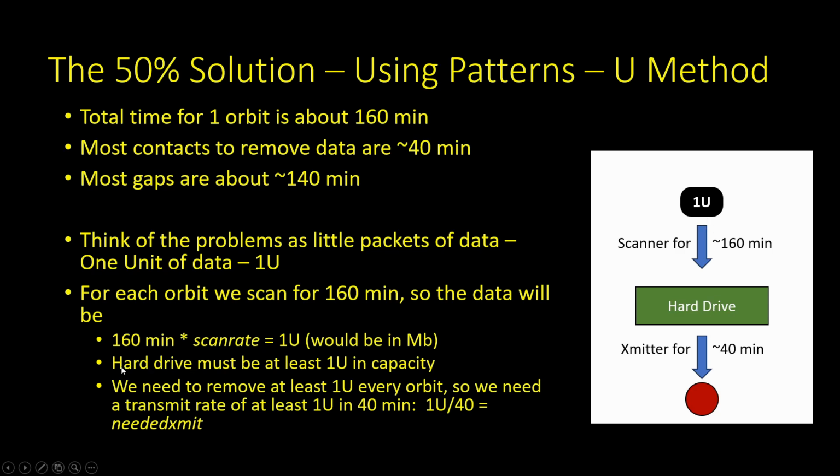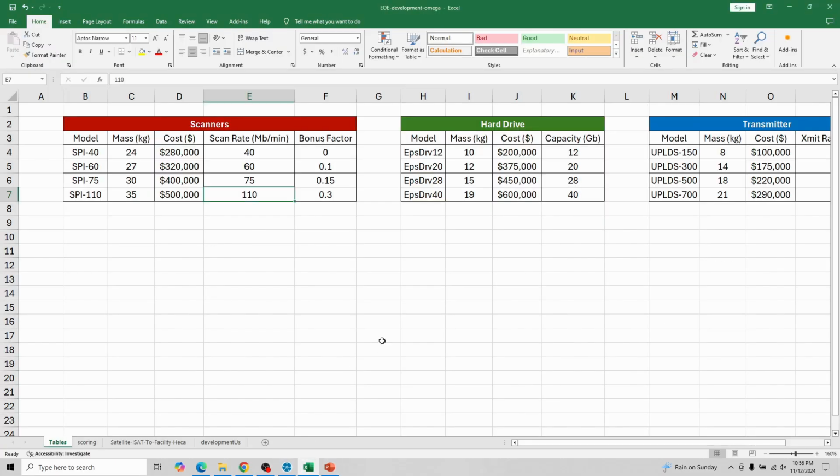Okay, well, that means for my hard drive, I need at least 1U of capacity, which is the thing that I mentioned just a moment ago. Well, if I choose the big one, I know that I'm going to need at least 18 gigs' worth of storage. That means I can already tell that the low-level hard drive is probably not the one I want to go with. Strange, it only eliminated the lowest one, but whatever.